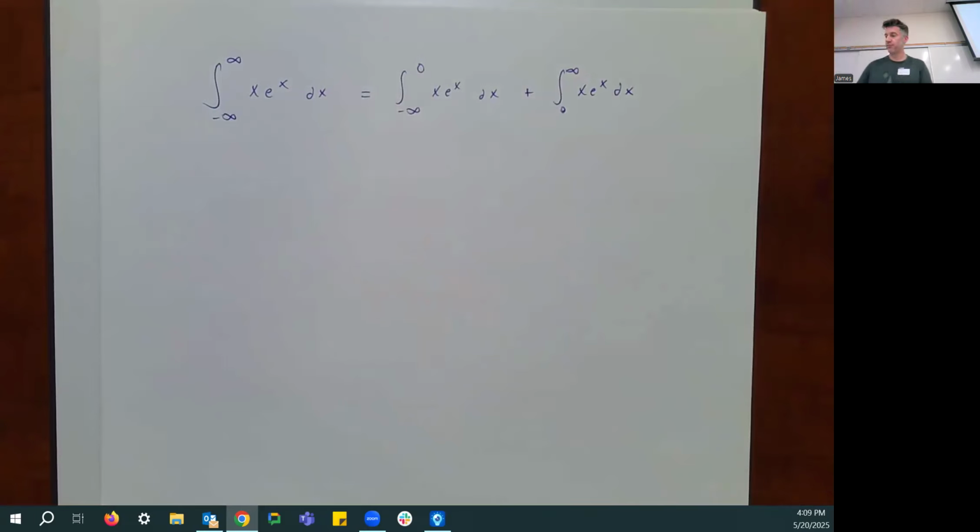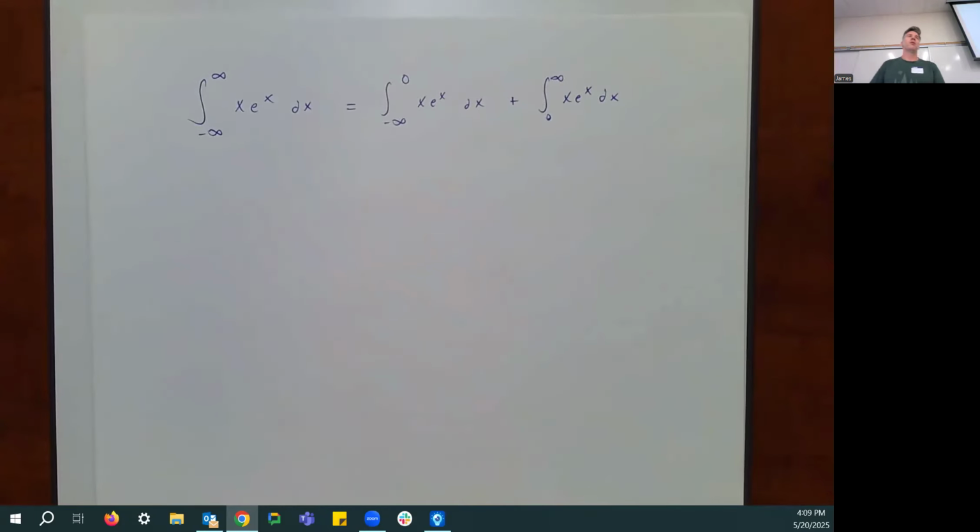Typically, to get convergence, both parts have to converge. To get divergence, if one of the parts diverges, you're done. The whole thing is divergent. So usually you would look at this and try to guess which one of those might diverge.